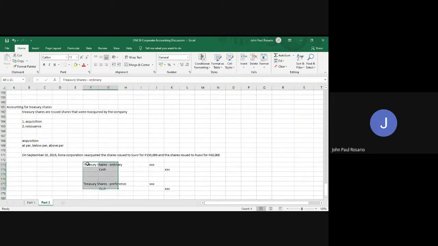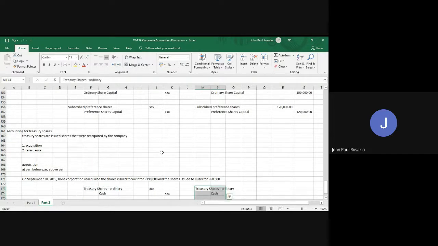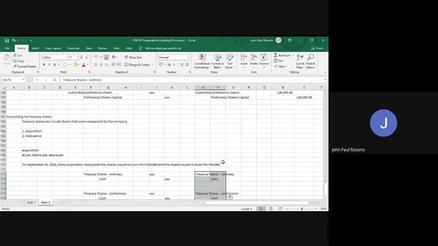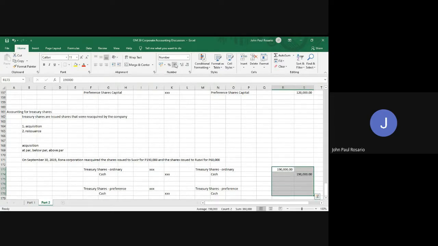Again, pag-reacquire nimo sa imuhang shares or pag-acquire nimo treasury shares, forget about the issuance cost or sa issuance price ato nga mga shares. You simply have to entry the amount that you paid for. Okay? So 190,000 para kang Severe, and then 60,000 para kang USV.